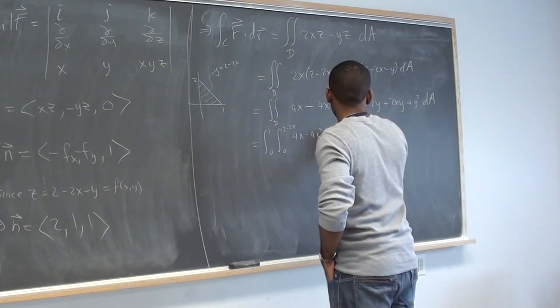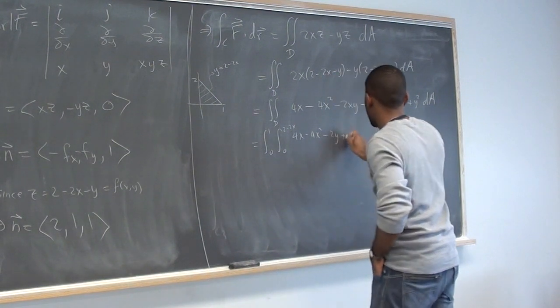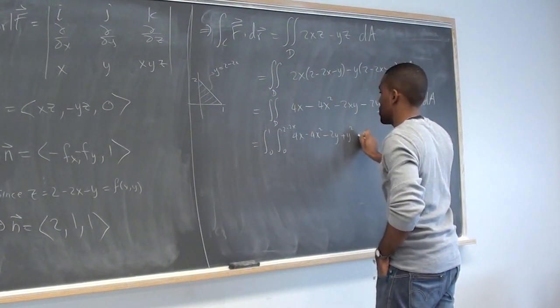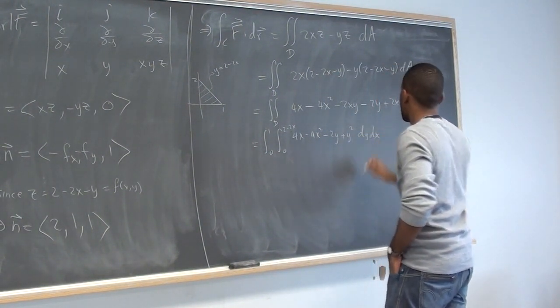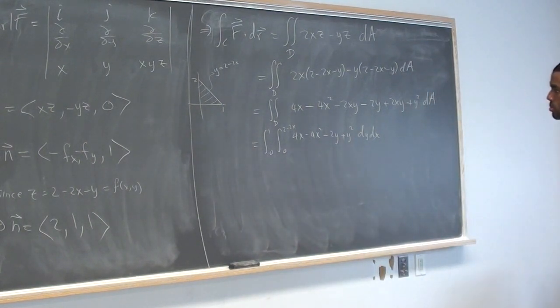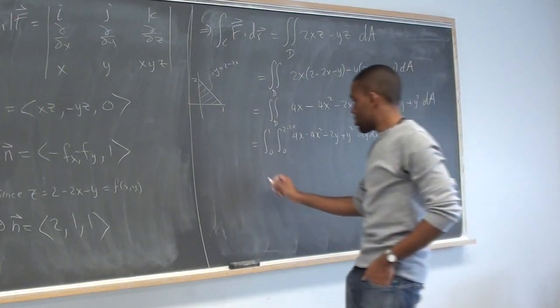4x minus 4x squared minus 2y plus y squared. So we integrate with respect to y.